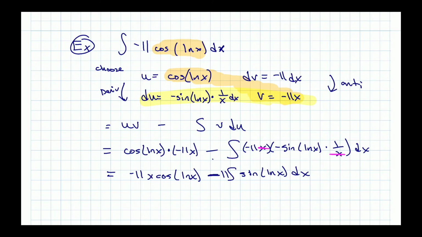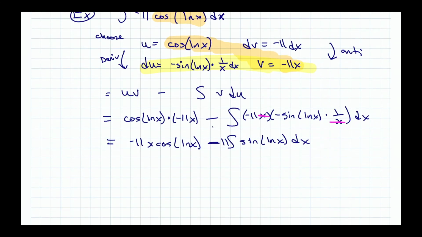Okay, now here's the thing, this didn't really get us anywhere, right? We started with a cosine ln x and we didn't know how to do it. And now we have a sine ln x and we don't know how to do it. And so what you do is you do integration by parts again. I apologize, but this problem here is actually too hard.